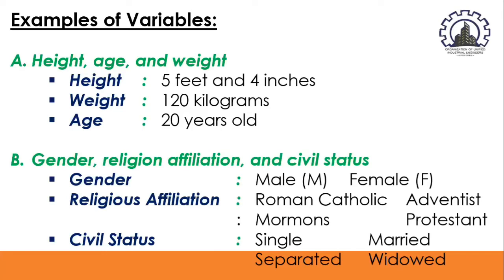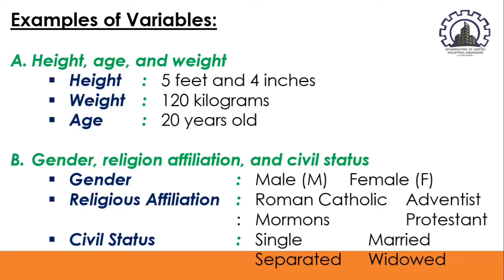So in a classroom setting with, let's say, 20 students, of course, the height, age, and weight will vary because not all students have a height of 5 feet, 4 inches, right? There are some who are 6-footers, and there are some who are below 5, okay? And the weight as well and the age.